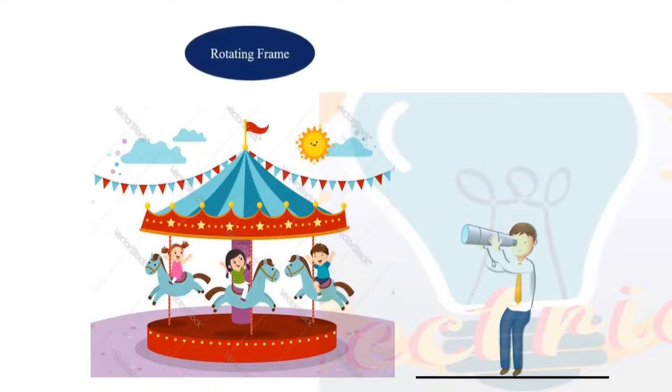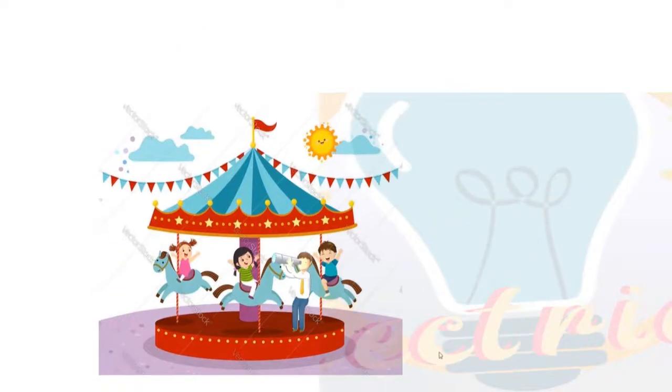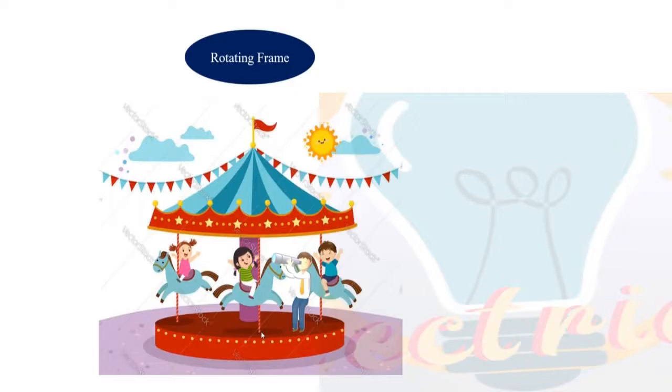Now what if the situation is like this? Where did the boy go? Can you tell me what he has done now? The boy is now on the merry-go-round itself, so he is rotating with the green girl.